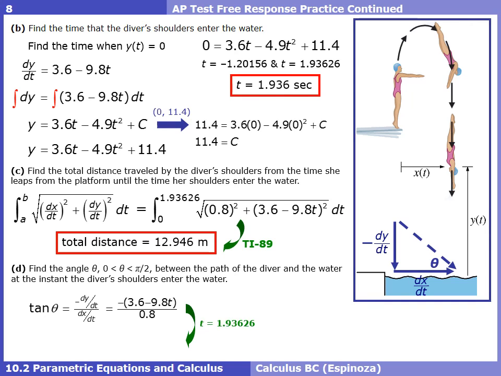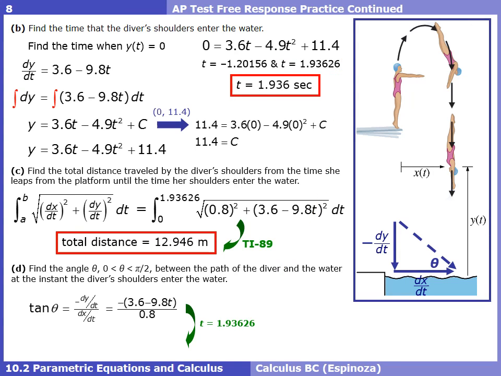After that, it's just a matter of using the TI-89 to plug in the value of t. We know the time that she enters the water is 1.936 seconds. But again, we can't use the 3 decimal round off. We need to use the entire set of decimals when we plug in.